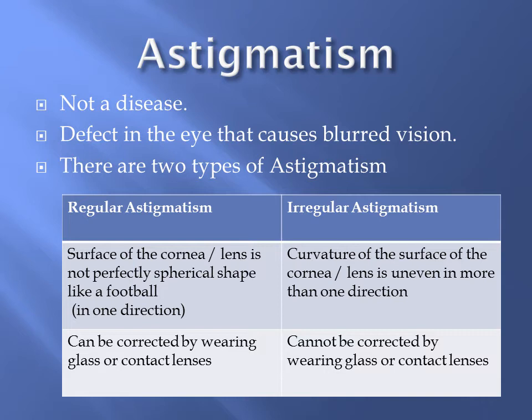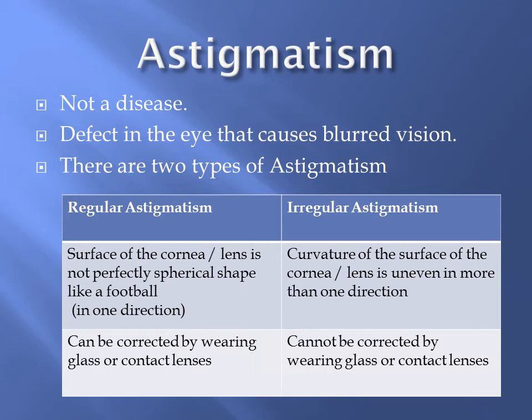So in regular astigmatism, what happens? The surface of the cornea or lens is not perfectly spherical, shaped like a football in one direction only. This can be corrected by wearing glasses or contact lenses. So regular astigmatism can be corrected.